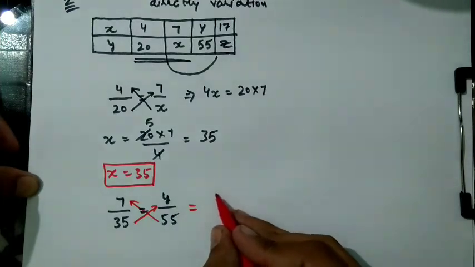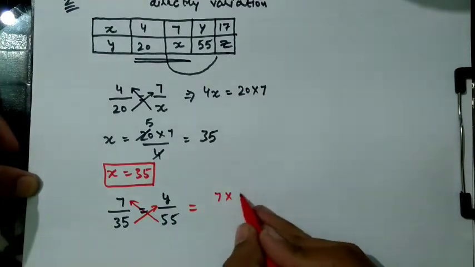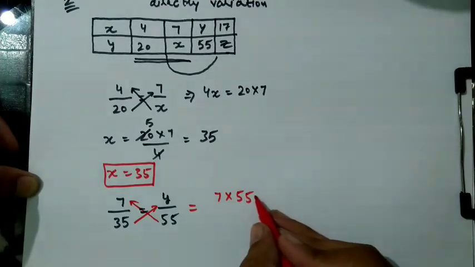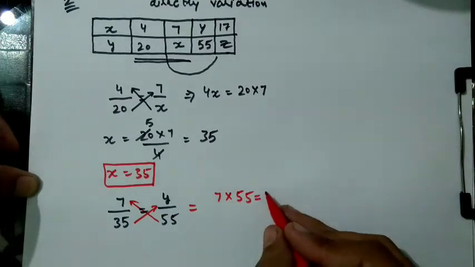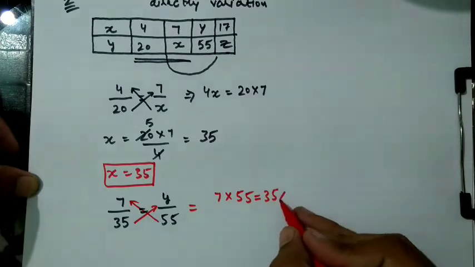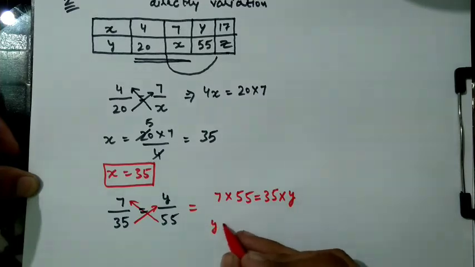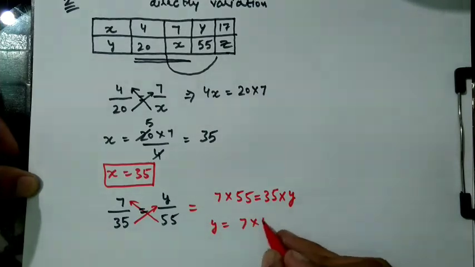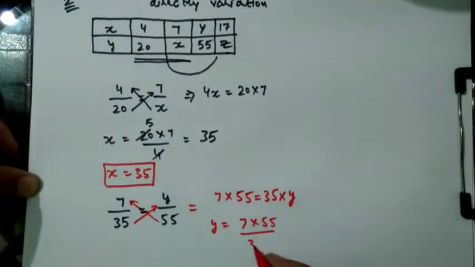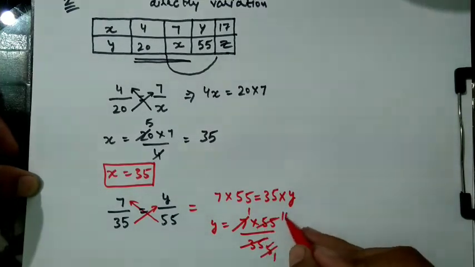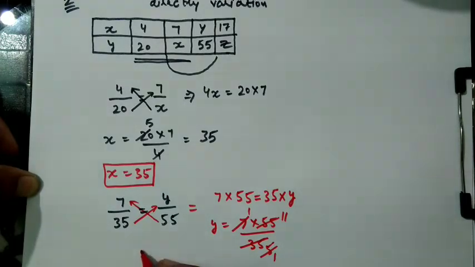On this side you will get 7 multiplied by 55 is equal to 35 multiplied by y. So y is 7 into 55 divided by 35. So 7 1s are 7, 7 5s are 35, 5 1s are 5, 5 11s are 55.